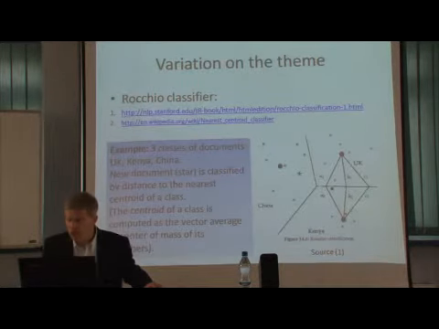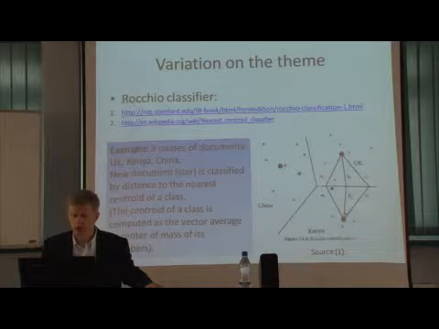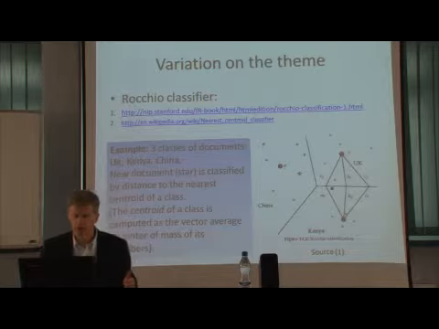A variation on the theme: instead of measuring the similarity to all documents, you just measure the similarity to the centroid of the documents. All right, so in this example we have 3 classes, which the documents are about: United Kingdom, Kenya, and China.